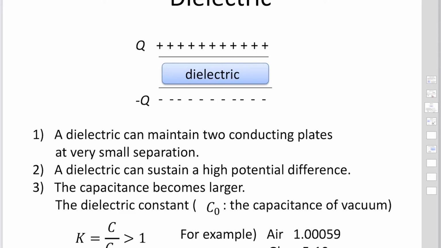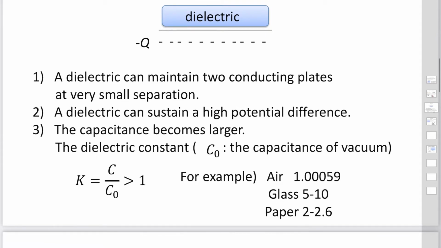The second point is that a dielectric can sustain a high potential difference. The ratio of the potential drop is given by the dielectric constant. And the capacitance becomes larger because the dielectric constant C over C sub 0 is larger than 1.